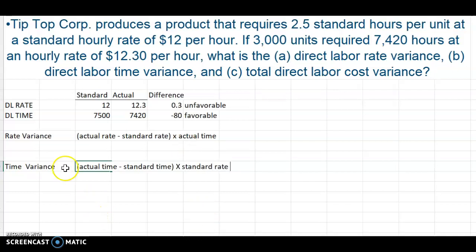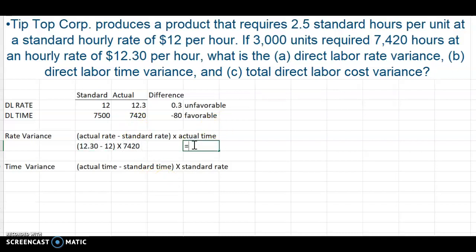So let's plug it in. My actual rate, let's go back up here. My actual rate is 12.30 and my standard rate is 12. So 12.30 minus 12, and then I'm going to times it by my actual time, and my actual time is 7,420.